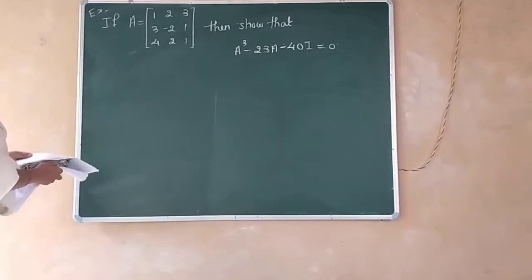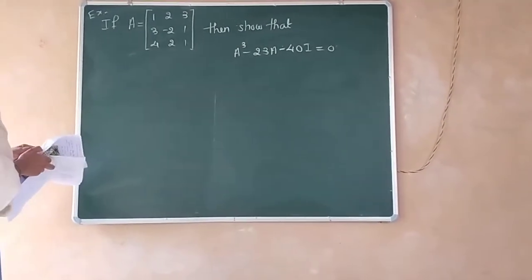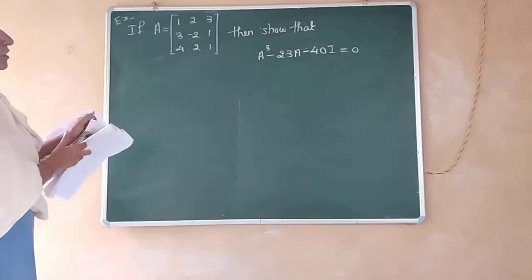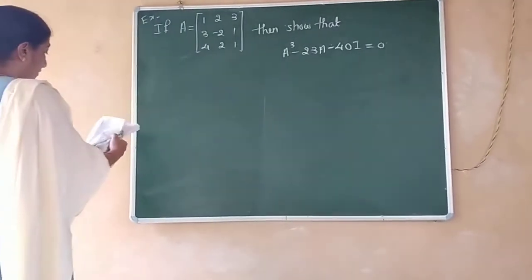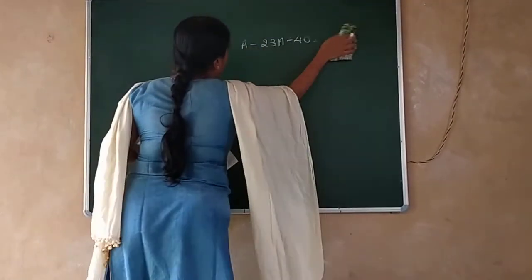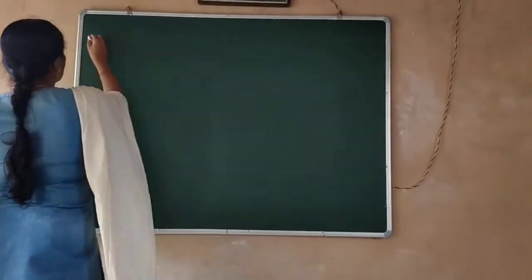Understood? Now I am moving to the next example. That is important but not for 5 marks, but it is very important for CET. Note down that. This is the example.